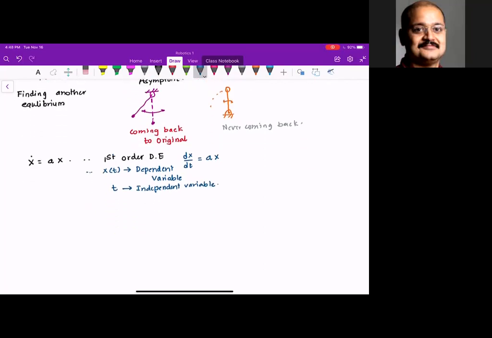Now the question is, if I want to solve this differential equation, what do I mean by solving this differential equation? And you have studied this in your differential equation class. Solution of a differential equation means determination of a function. Solution of differential equation is determination of function or functional relationship between the independent variable, in this case time, and the dependent variable, which is x.